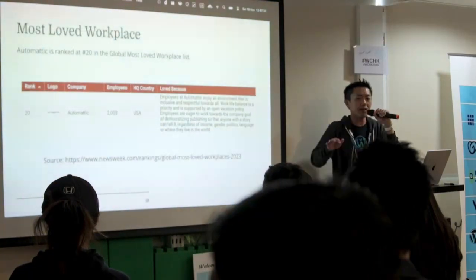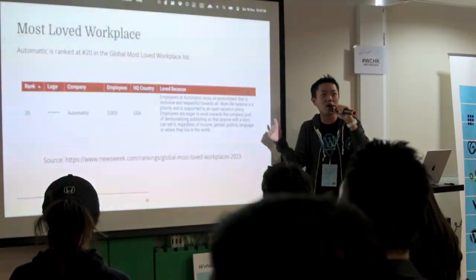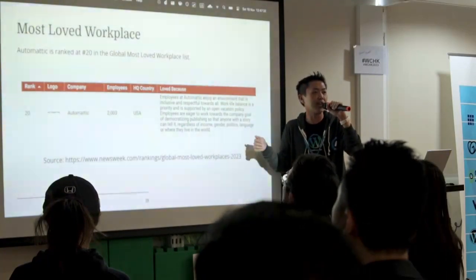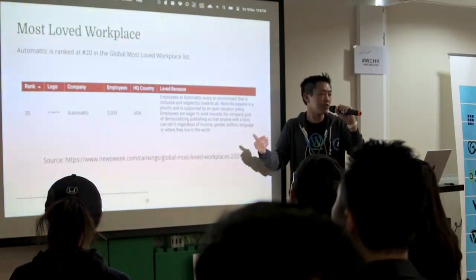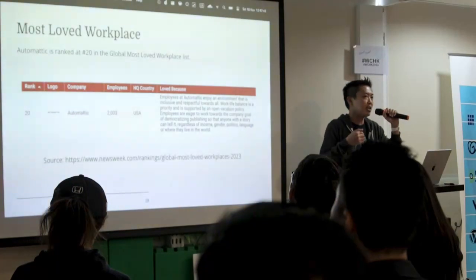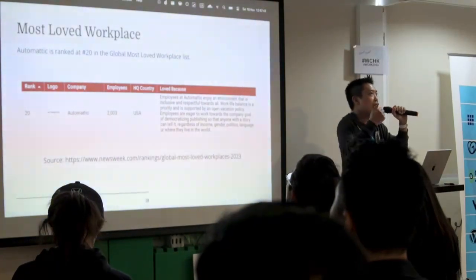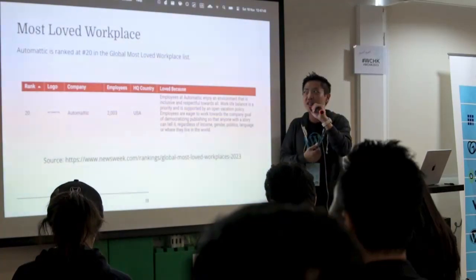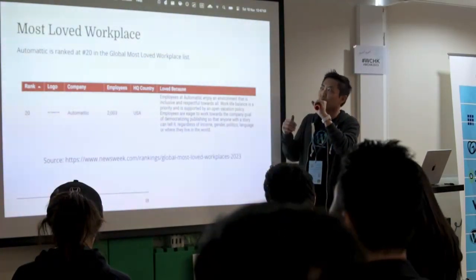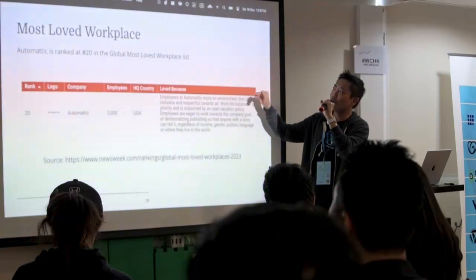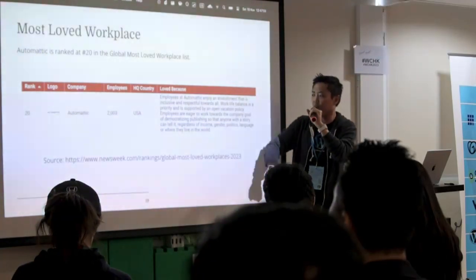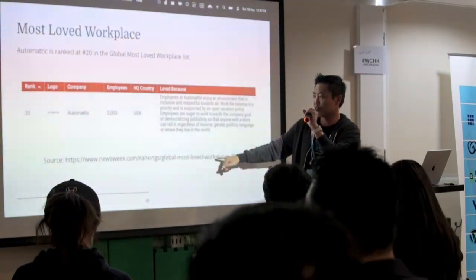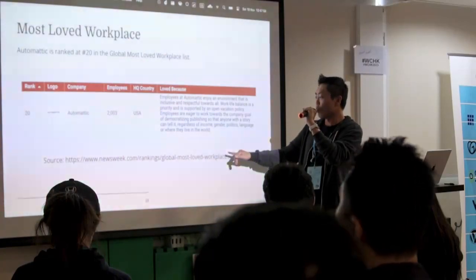And once you have open, honest, transparent communication, you have the trust, you build a culture, and eventually, if you think about it, would you like to work in this kind of company? That's actually what we have achieved. Automattic is ranked number 20 in the global most loved workplace list, and this is the source of it, newsweek.com rankings global most loved workplace.